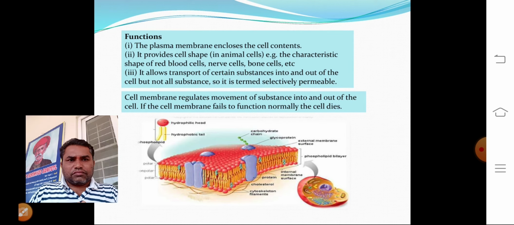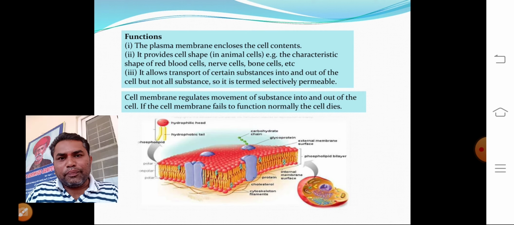We can see this mainly in red blood cells, nerve cells and bone cells. The plasma membrane also allows the transport of substances into and out of the cell, but not all substances, so it is termed selectively permeable.